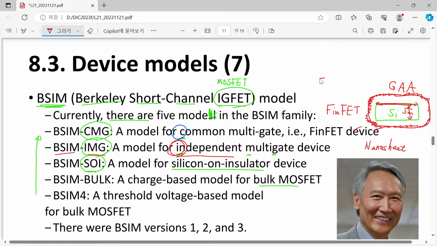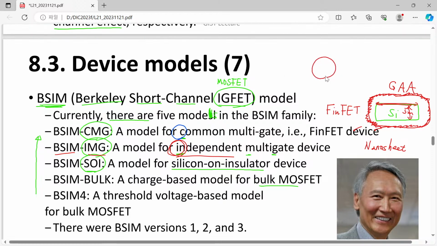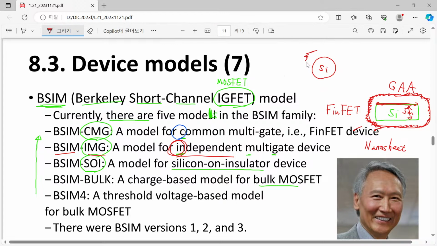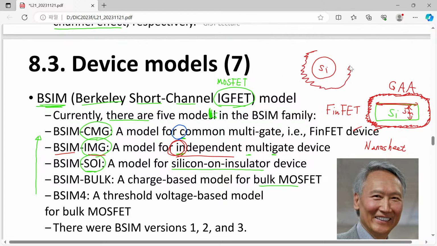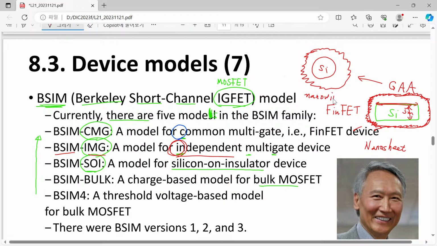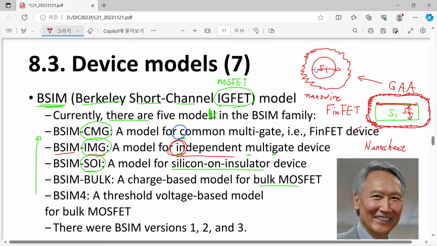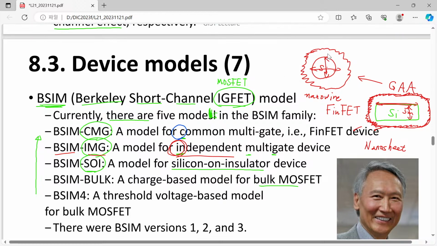For example, if we make the silicon completely circular, and it is covered by the gate, then certainly it can be called a gate-all-around transistor, but this is not a nanosheet. Sometimes it is called a nanowire, because it has just a wire shape, not a sheet shape.